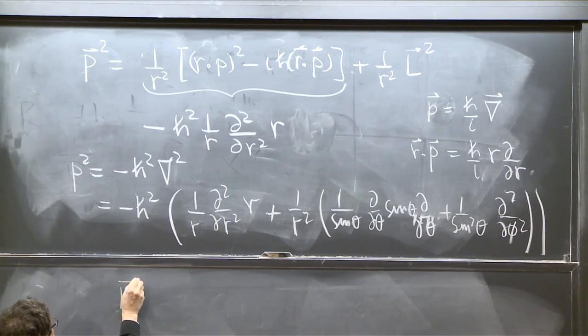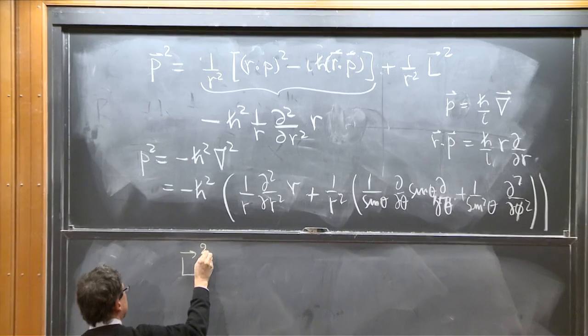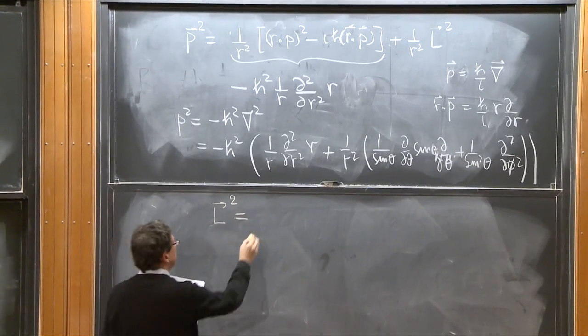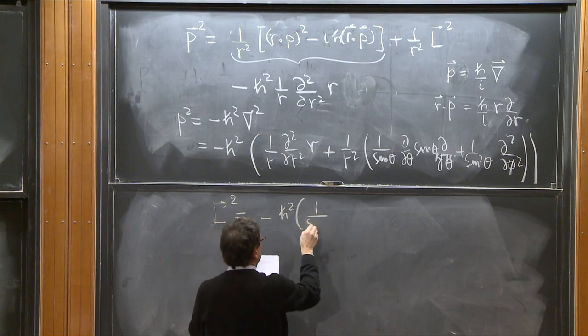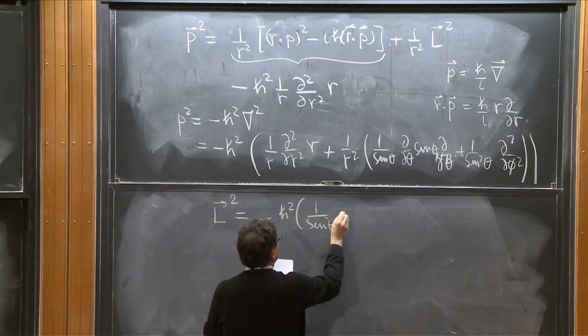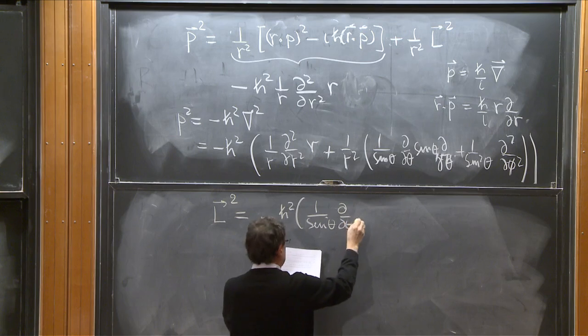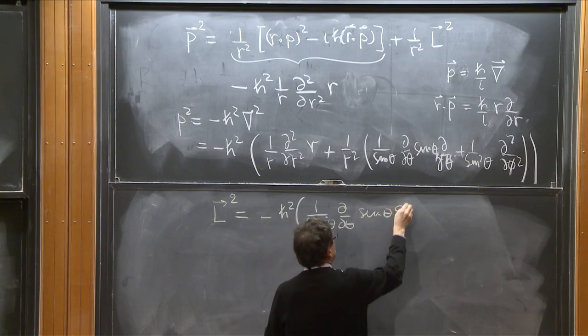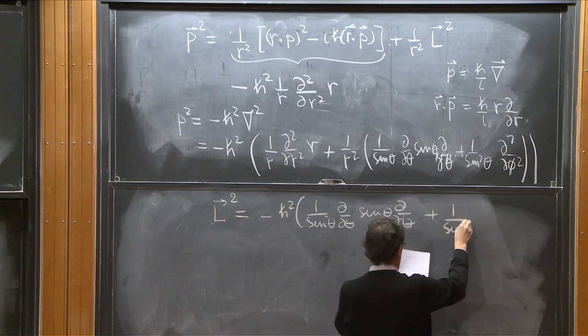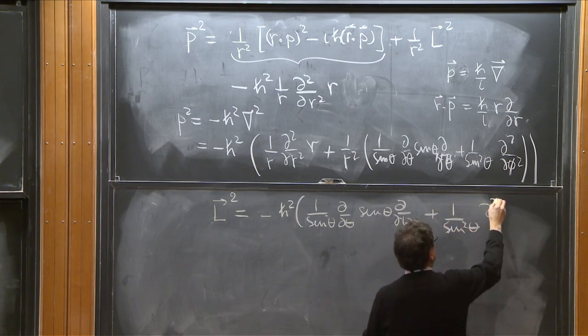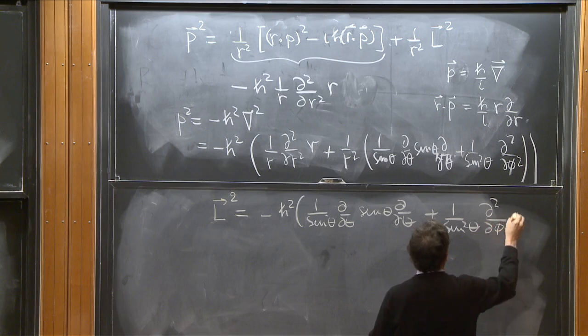So L squared, that scalar operator, is minus h squared times 1 over sine theta d/d theta sine theta d/d theta plus 1 over sine squared theta d second d phi squared.